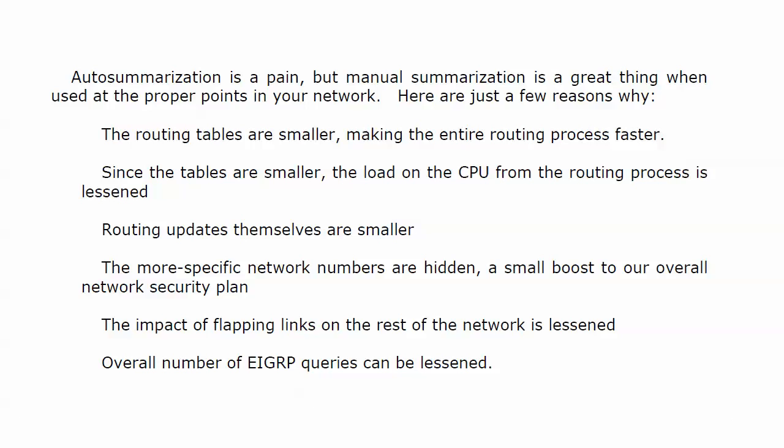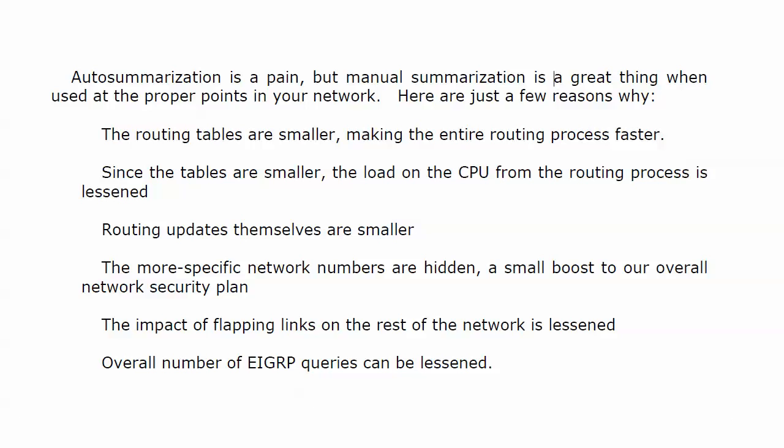And here are a couple of reasons that we really do like manual summarization. The first one, the routing tables themselves are smaller, and that makes the entire routing process faster. What I've always said is I like my routing tables complete yet concise. I want them to be complete because I don't want them shrunk down to the point where I can't get to some places I need to get to, but I do want them to be concise.